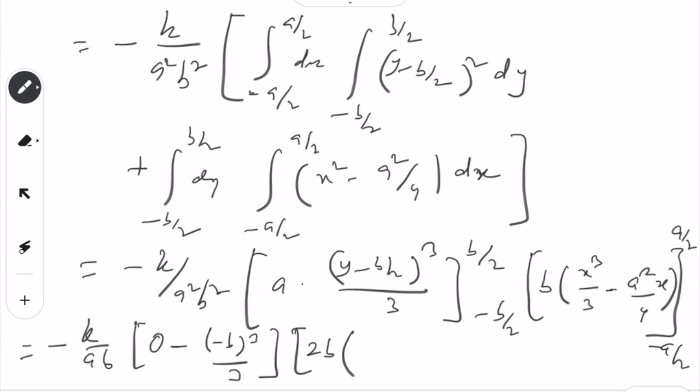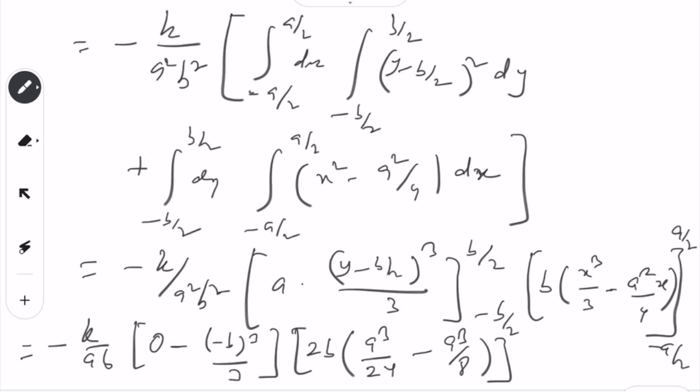a cube divided by 3 times 8. 2 times 2 is 4, times 2 is 8, 8 times 3 is 24, so 24. And similarly this becomes equal to a cube over 8, multiplied by 2, so this is what we get here.